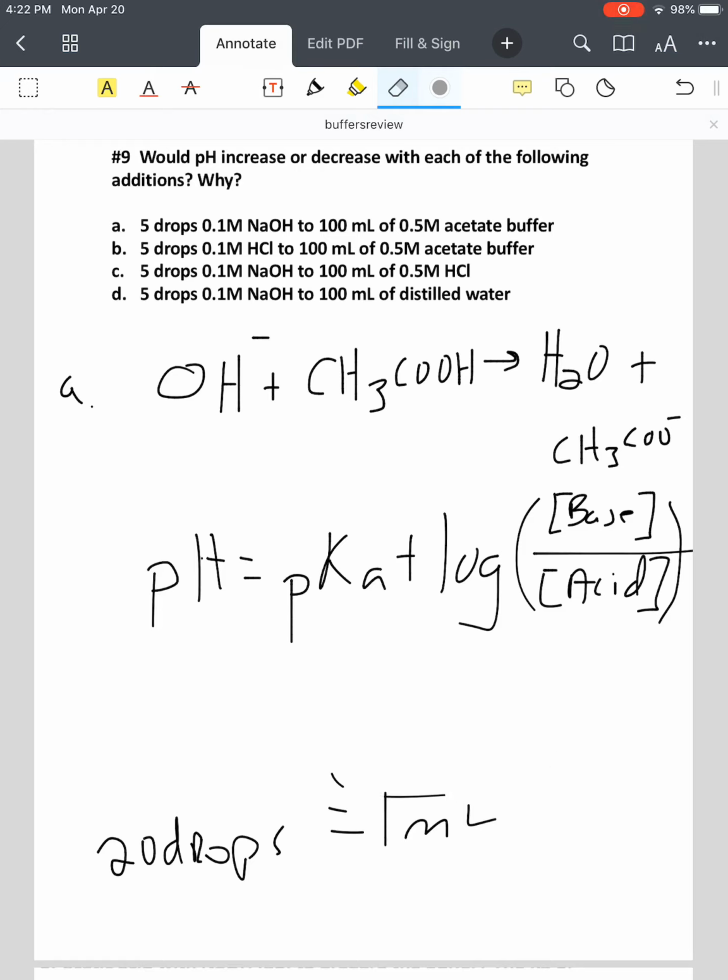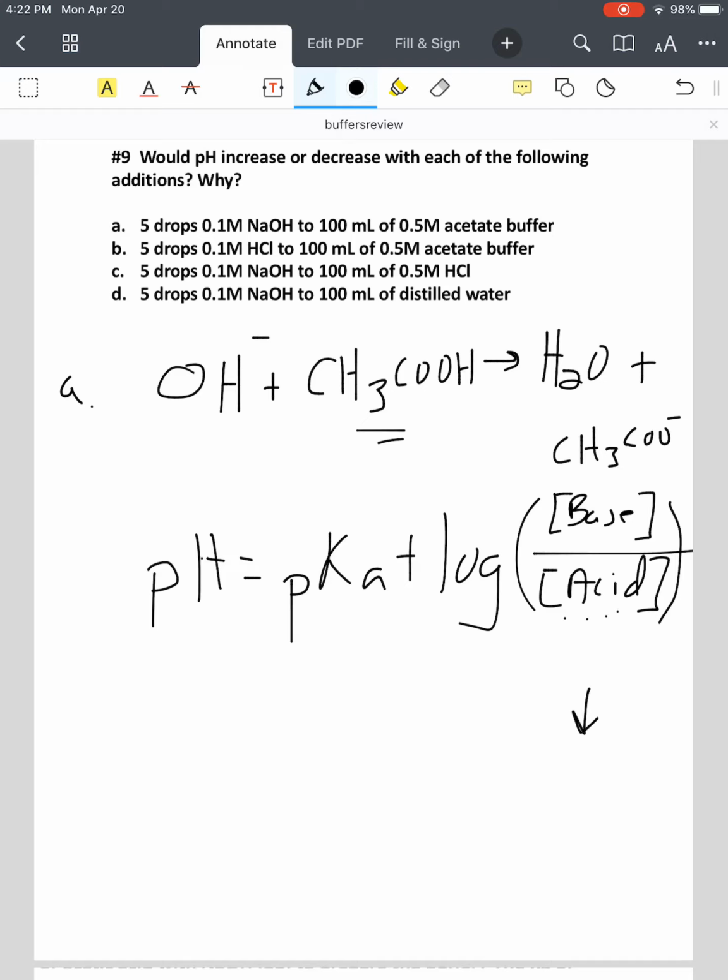But that doesn't mean that we're not going to change anything. In fact, by adding the sodium hydroxide, we are going to change things. We're going to add some hydroxide, and that's going to titrate some of our acid. So as a result, the number in the denominator down the bottom of this fraction will what? It'll decrease. While the number in the numerator of this fraction is going to increase because, well, aren't we making some conjugate base as a result of this titration? We are.